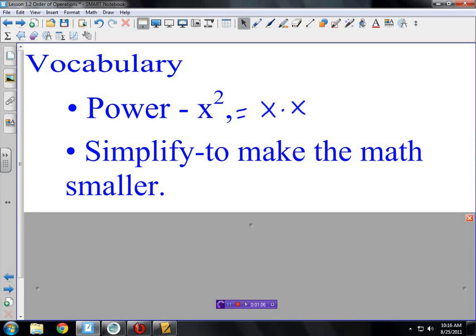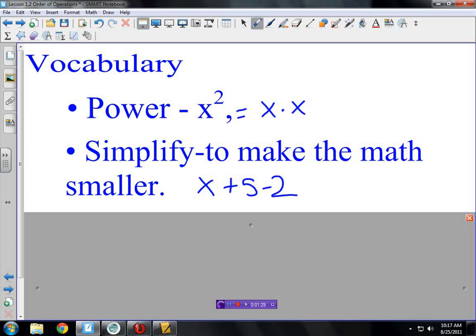Next word is going to be simplify. And that means to make the math smaller, right? We're going to take a lot of math and try to make it smaller. And an example of that might be like if I have x plus 5 minus 2. Okay. Is there a way I could make that problem simpler?